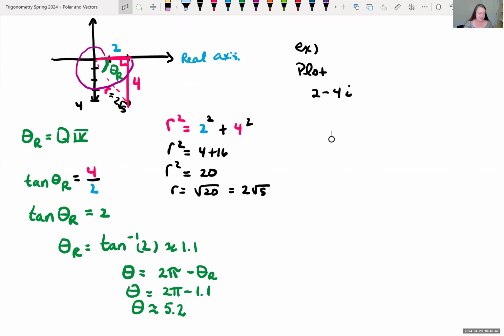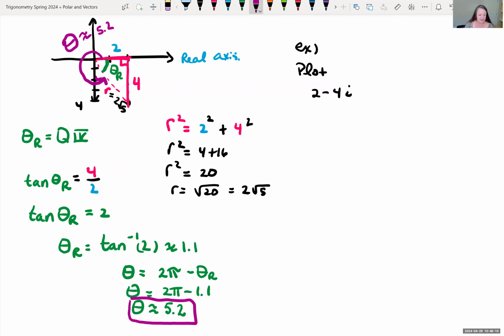Okay, so I know what my theta is. That would get me to where r is. So my theta right here is approximately 5.2.